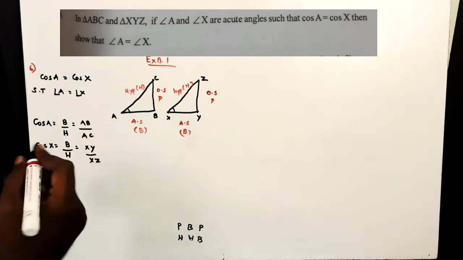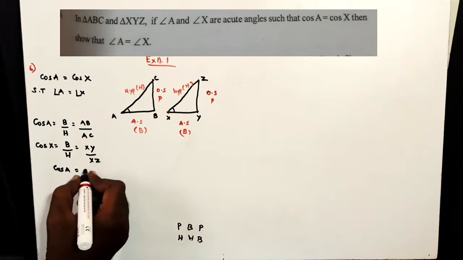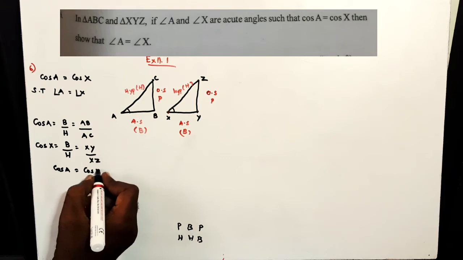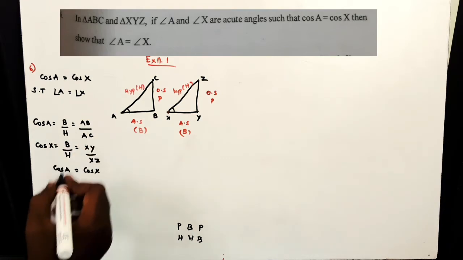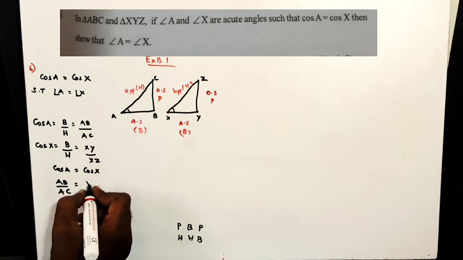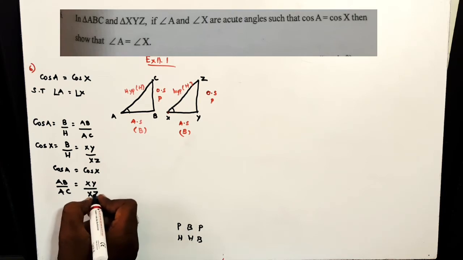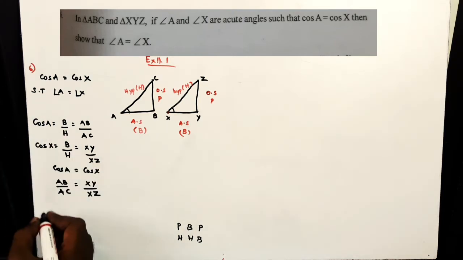Okay. Now in the given, it says cos A is equal to cos X. That means AB by AC is equal to XY by XZ. Now what we have to do?